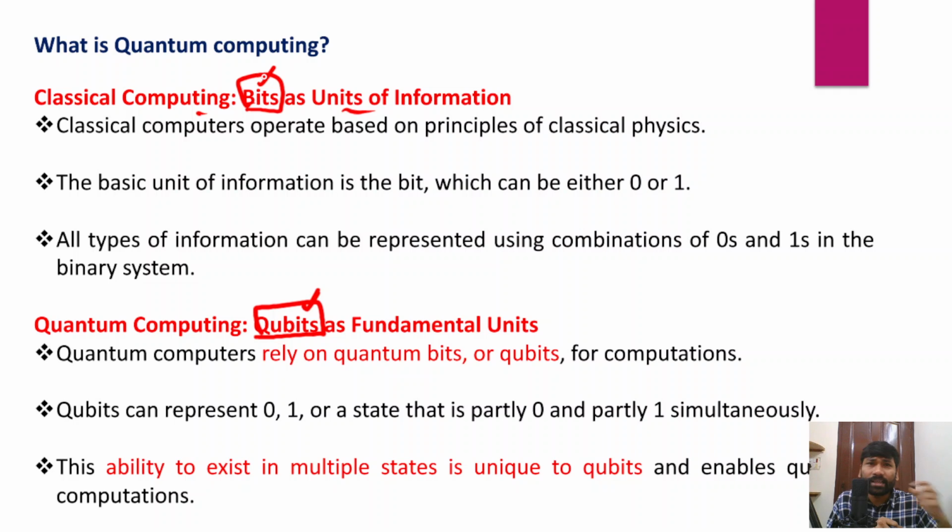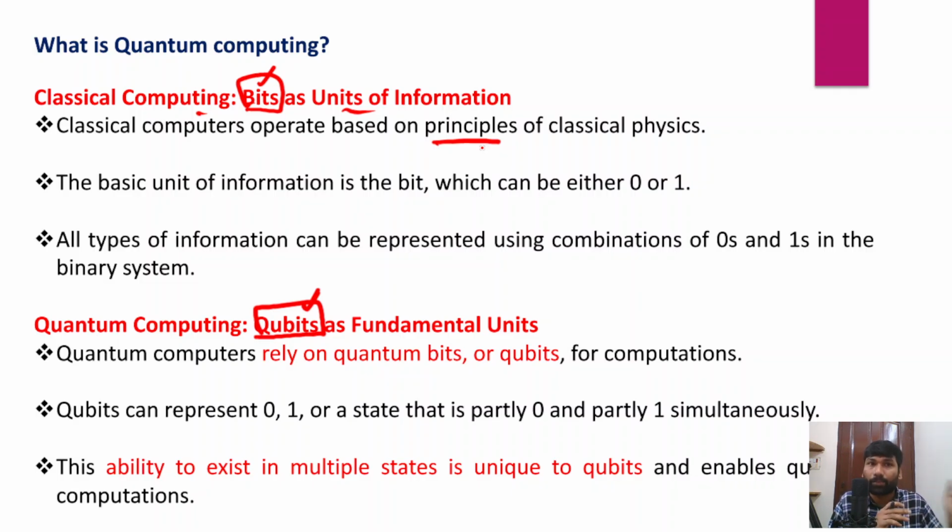However, the classical computers that we very often see and use operate based on the principles of classical physics, right? So they're very simple, and they work on the principles of classical physics.